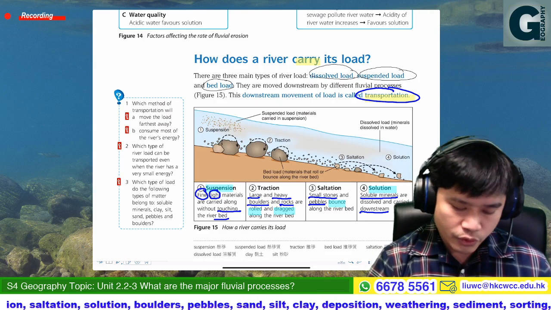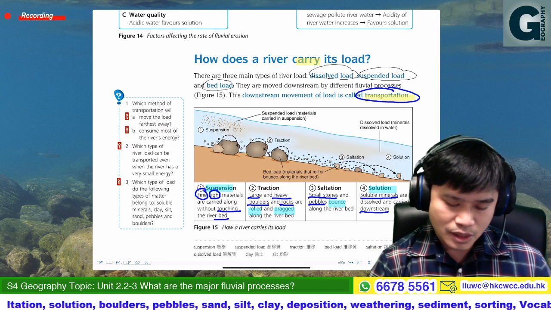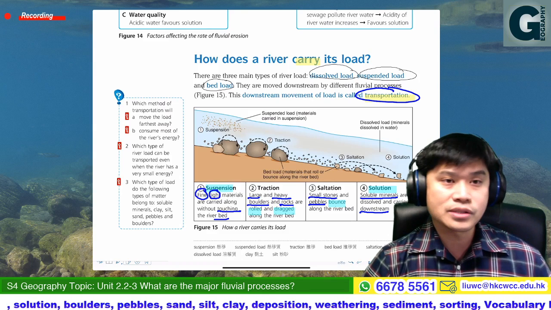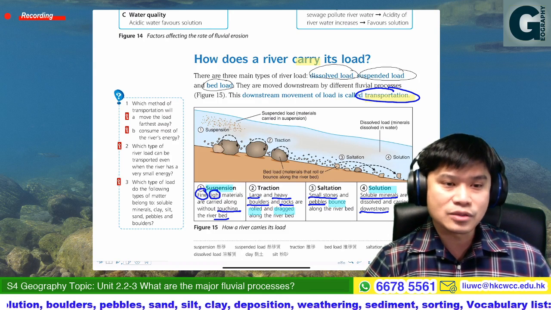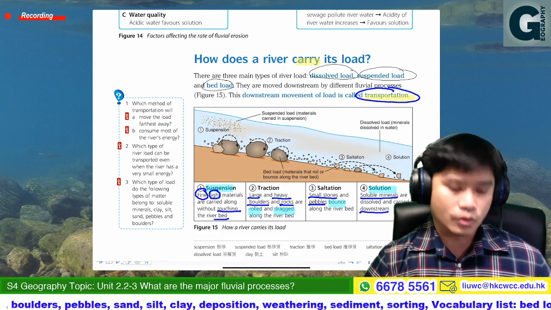So therefore, four types. Right now you may know why Mr. Liu mentioned traction first, then saltation, and also suspension. It is because that is related to the size of the load.